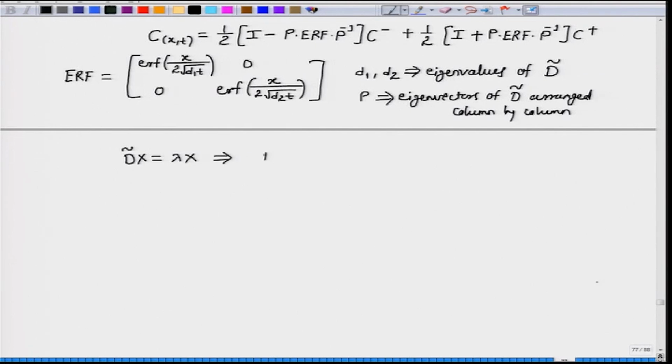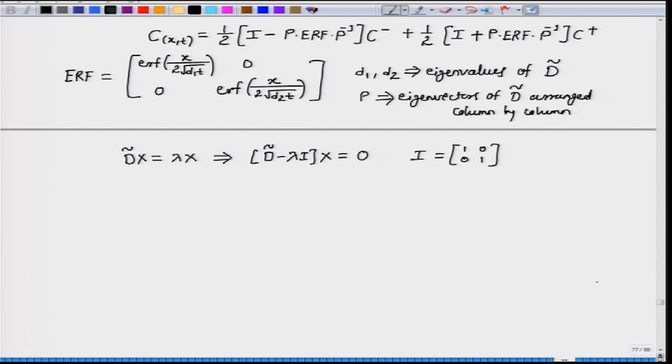So, this will give me (d tilde minus lambda I) times x equal to 0, where I is an identity matrix. For a 2 by 2 identity matrix, it will be 1 0 0 1. Obviously, x equal to 0 is a trivial solution. So, we need the determinant of d tilde minus lambda I equal to 0.